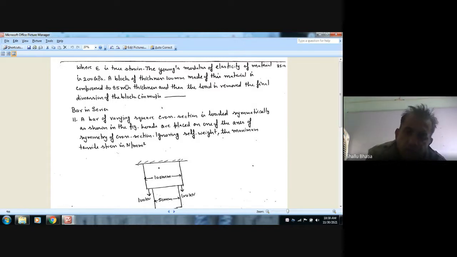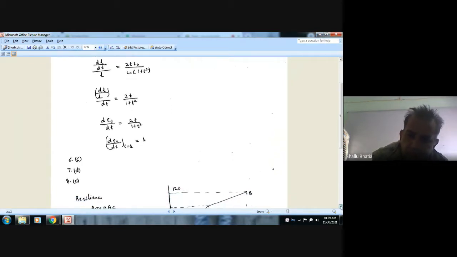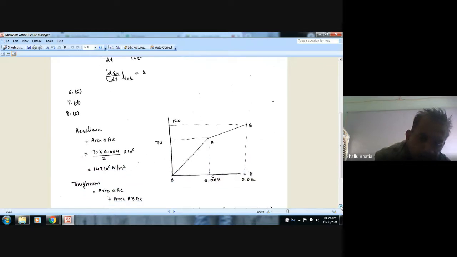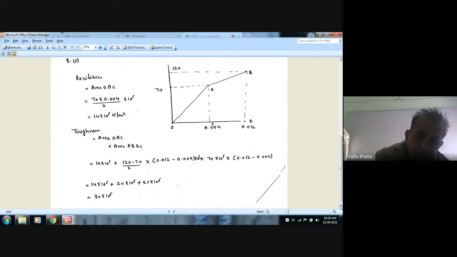Then the load is removed. The final dimension of the block in mm is, so as the initial thickness was 100 mm and when the load is removed, the thickness will not be 95 mm, because some amount of permanent deformation takes place.